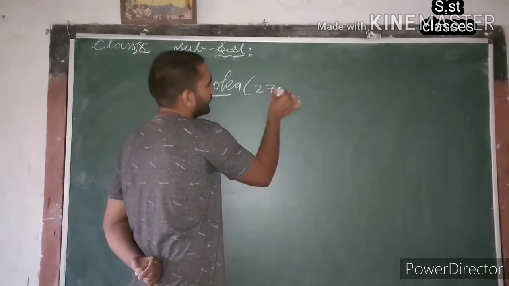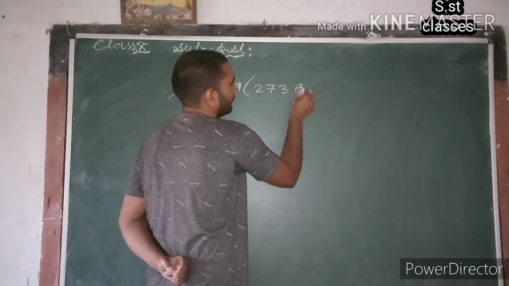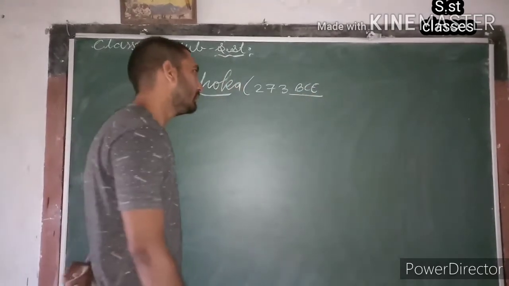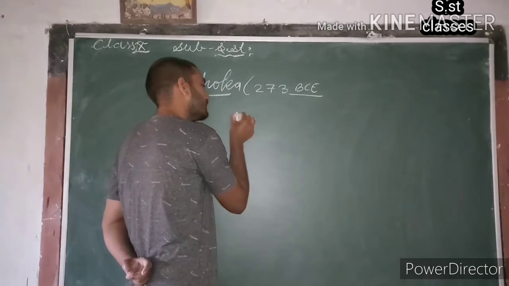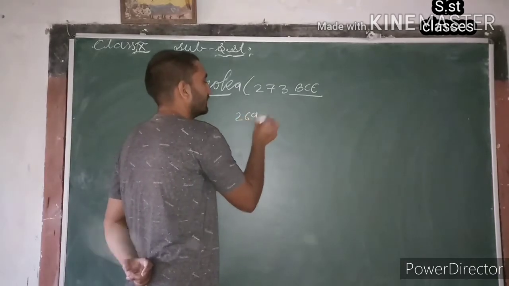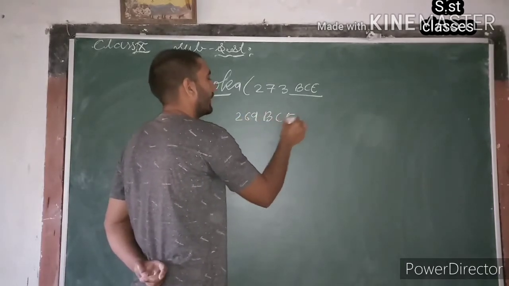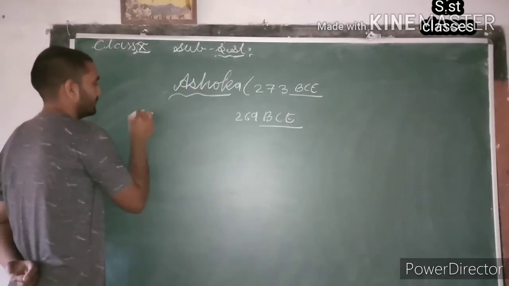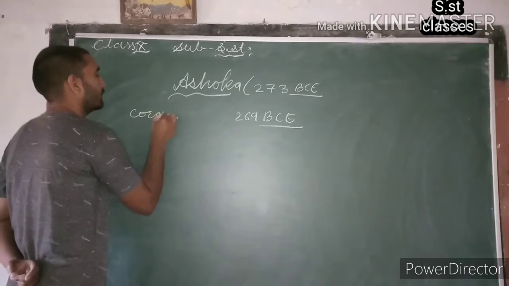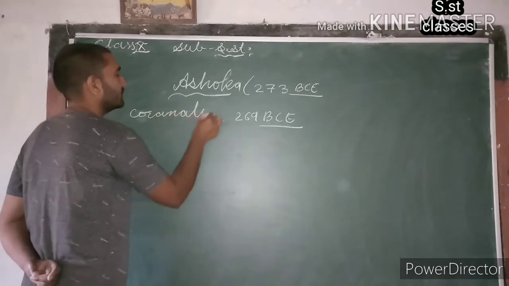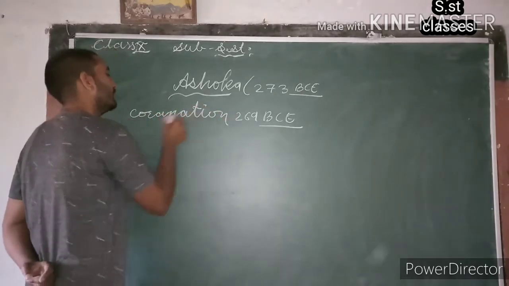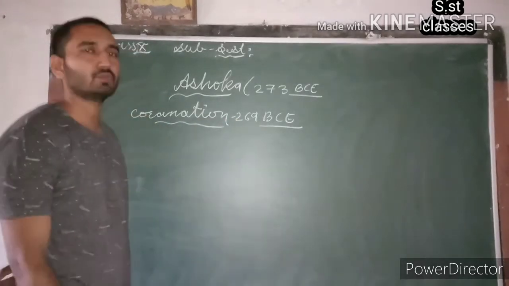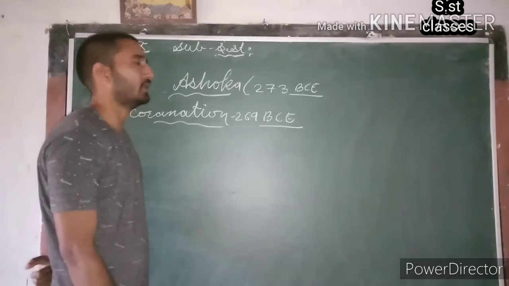Ashoka came in power in 273 before Common Era after the death of Bindusar. But he was coronated in 269 before Common Era. You have to keep both of these dates in your mind. Coronation of Ashoka was in 269 before Common Era, and he came in power in 273 before Common Era.